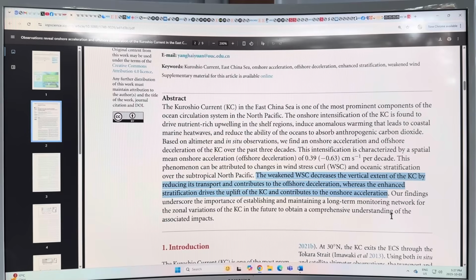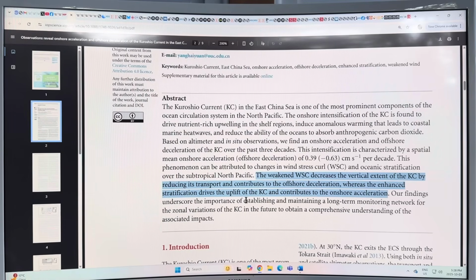So it's interesting that it's variable depending on the actual location in the Kuroshio current as to whether it's getting stronger or getting weaker, unlike what's happening to the AMOC, the weakening, the Gulf Stream weakening, and then overriding the continental shelf.